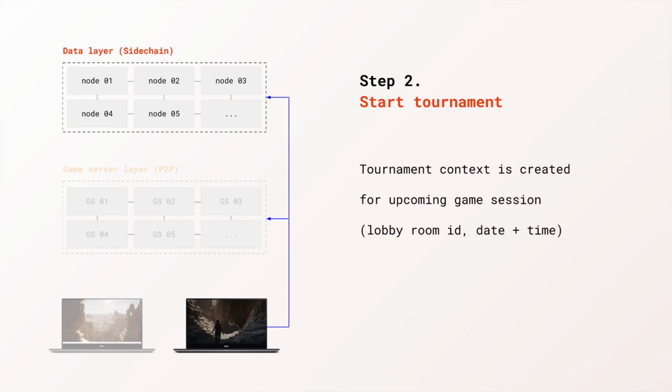Next was starting the tournament, and instead of having a person activating and toggling a status, we have the tournament context giving rise to itself. So we have the sidechain data layer that contains the lobby room ID and date time. Clients and the game server layer are aware of what needs to happen.